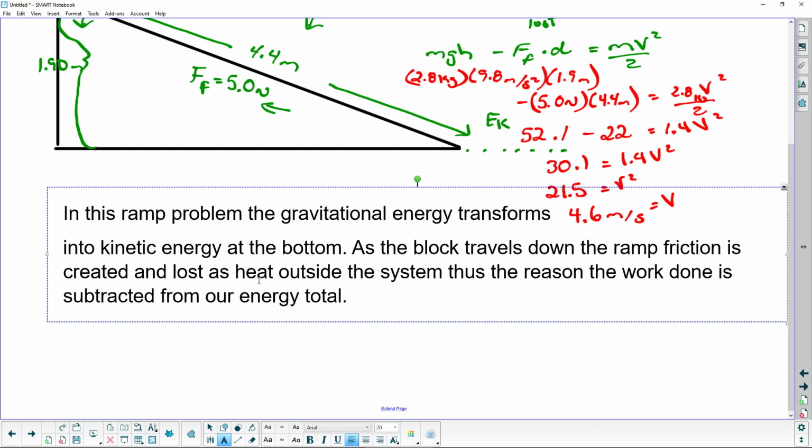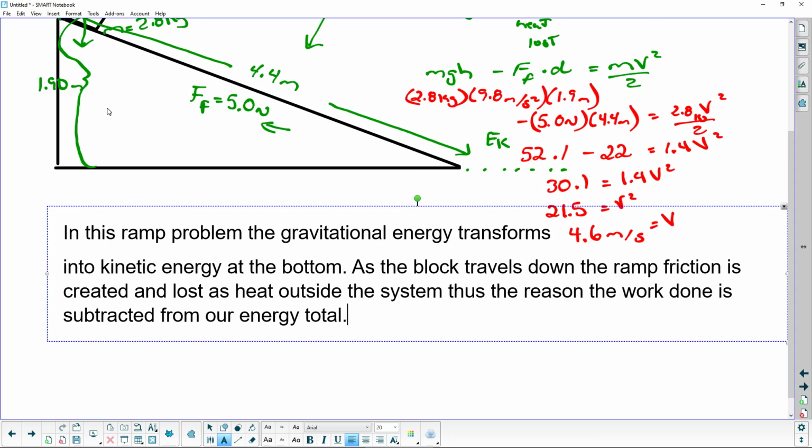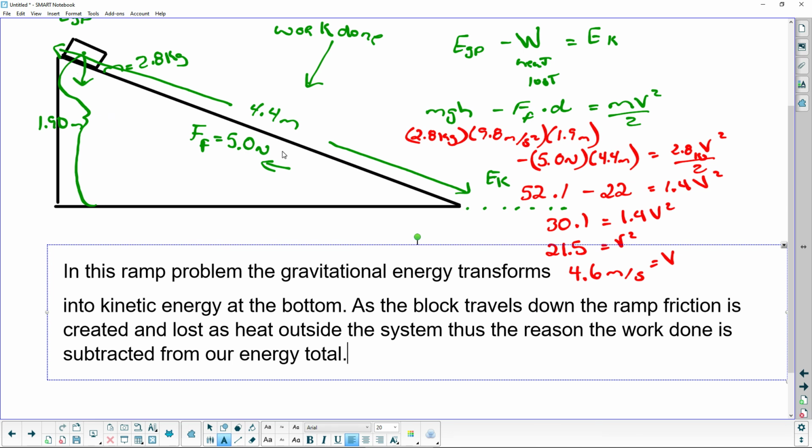Okay, so that's why we're subtracting. So we're looking at the explanation of what's happening here. Sliding down is going to be slower than it originally would be. So thus, the velocity becomes slower than if there were no friction.